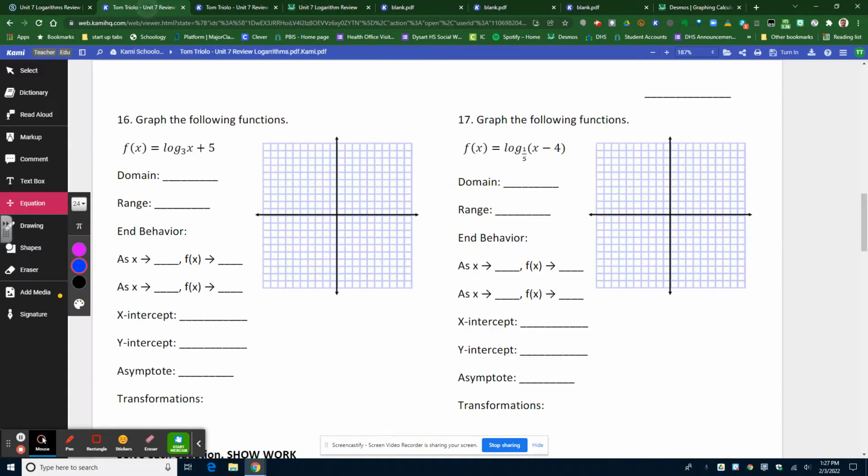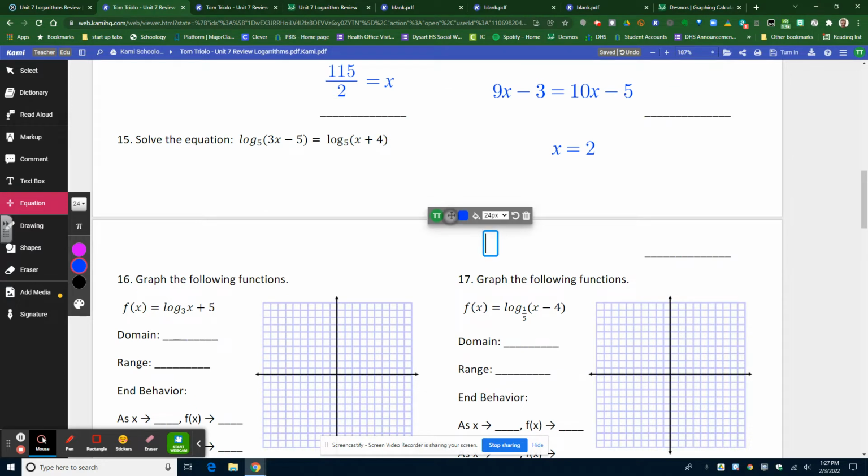I could take this problem right here and rewrite it as such. This literally just dawned on me when we started this problem. I don't know why. I've been teaching this stuff for years. So I can make this negative log base 5 of x minus 4. Ooh. I don't have to worry about that 1/5, because if you have that 1/5, it's an issue.